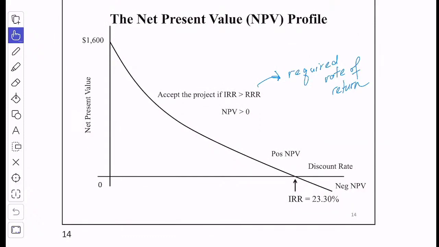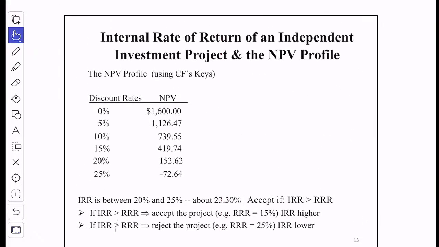So let's see how we do this, and then we'll talk about it some more. What you would do without a finance calculator is essentially create that graph with different discount rates, and keep computing the net present value until you see it cross over.